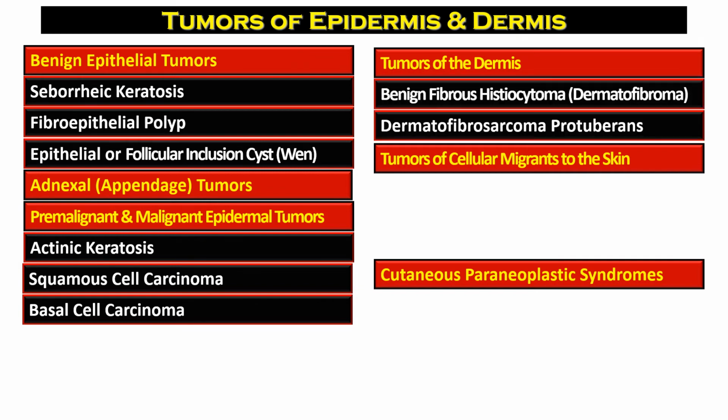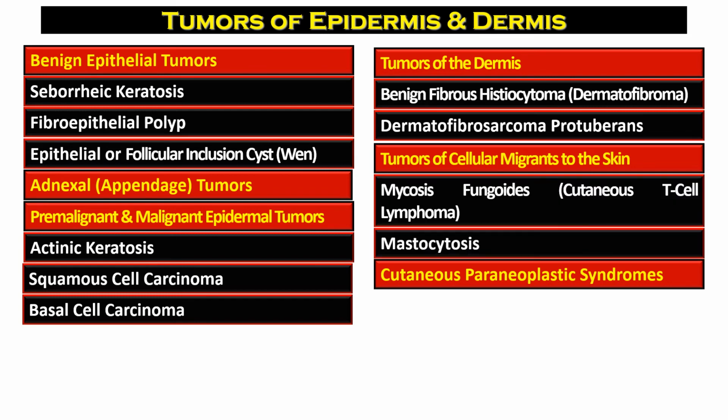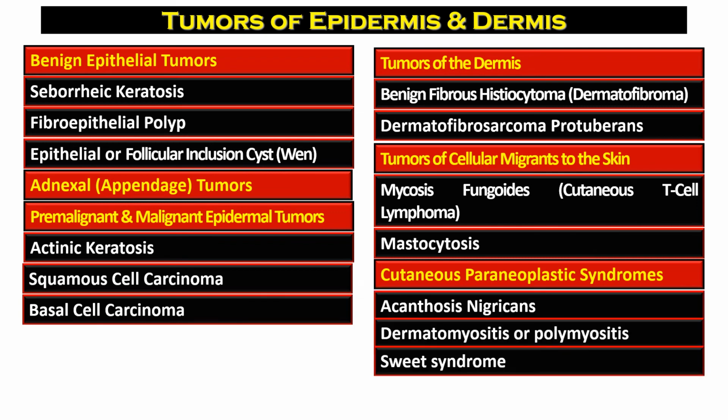Tumors of the dermis include benign fibrous histiocytoma or dermatofibroma and dermatofibrosarcoma protuberans. Tumors of cellular migrants into the skin are mycosis fungoides, that is cutaneous T-cell lymphoma, and mastocytosis. Then there are plenty of cutaneous paraneoplastic syndromes that include acanthosis nigricans, dermatomyositis or polymyositis, and Sweet syndrome.